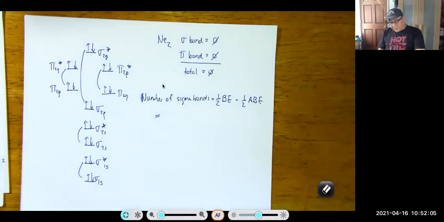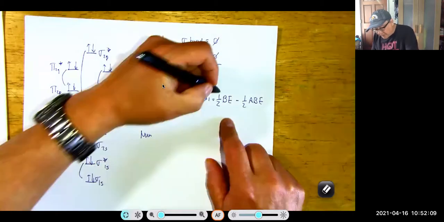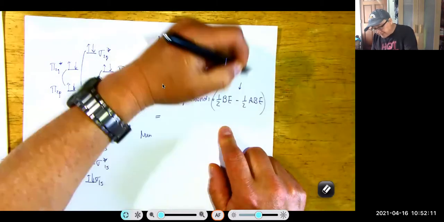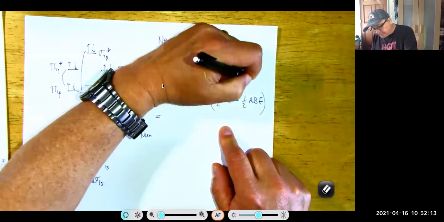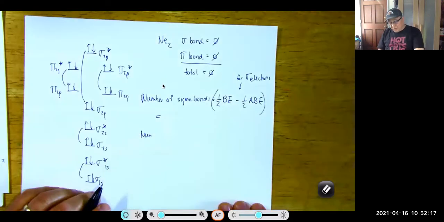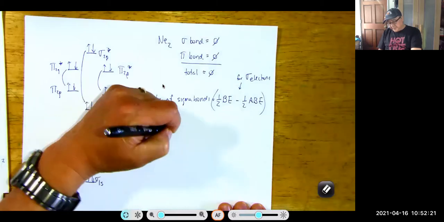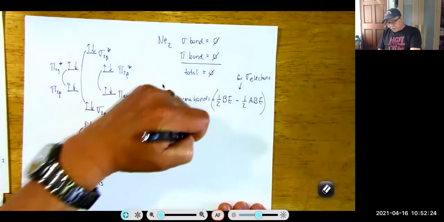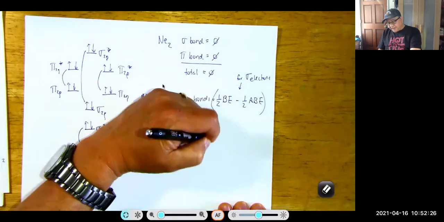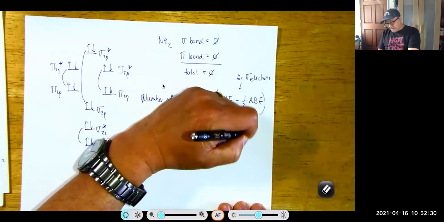And what do you think the formula is? Of course, when we say number of sigma bonds, this formula is for sigma electrons. Now, what would you have for the formula for the number of pi bonds? It'd be 1/2 of the pi bonding electrons minus 1/2 of the pi anti-bonding electrons.